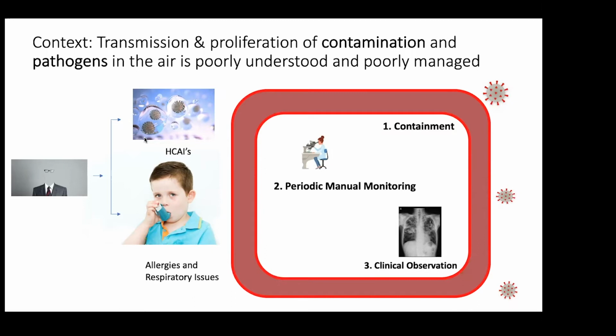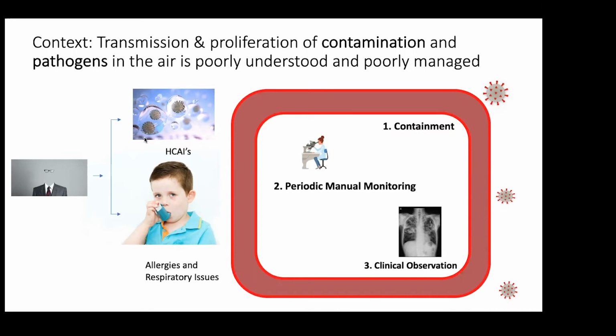So we contain it through things like cleaning, filtering, laminar flow or air management, isolation, and whatnot, in an attempt to keep the virus or other contaminants at bay, particularly in the clinical environment, and particularly in certain wards, such as leukemia wards, cystic fibrosis wards, and so on. So the first line of defense, I suppose, is containment.